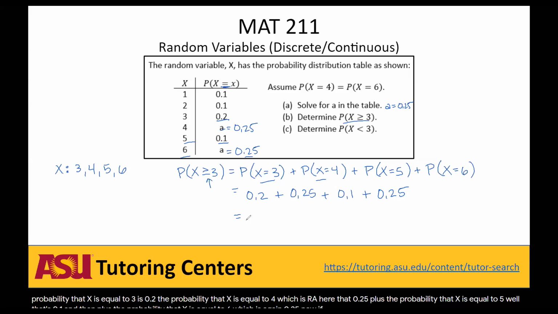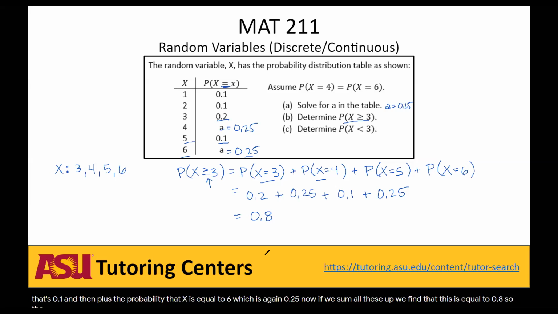If we sum all of these up, we find that this is equal to 0.8. So the probability that x is greater than or equal to 3 is 0.8. We'll just write that in here.